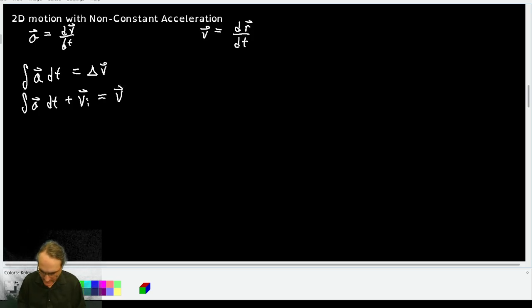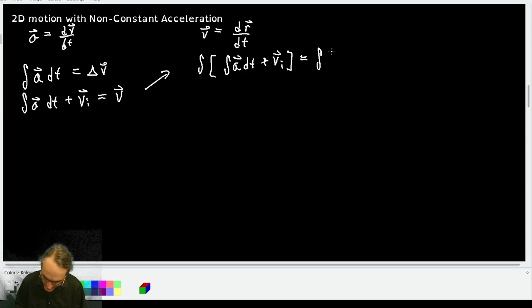To get the velocity final, you'd use that over here. You'd be taking the integral of the result of what you just did, a dt plus vi, and in this case it would be integral of our dr, which would give delta r.